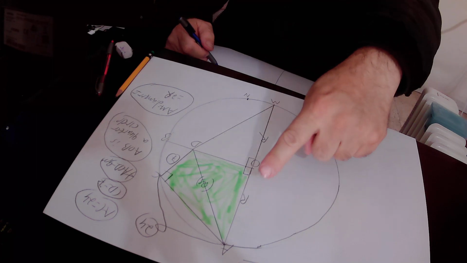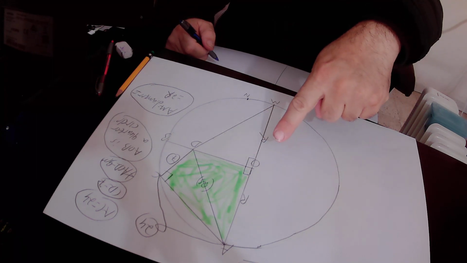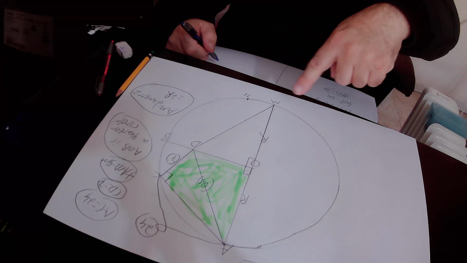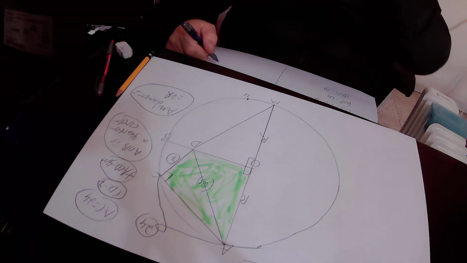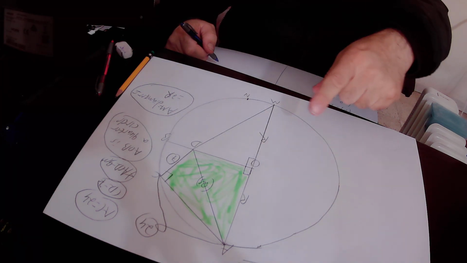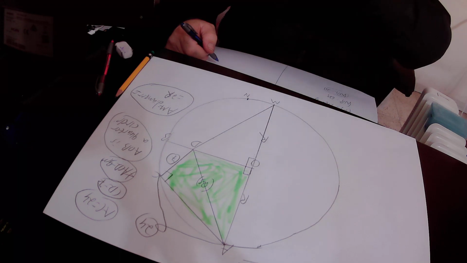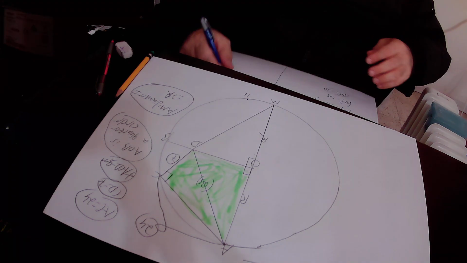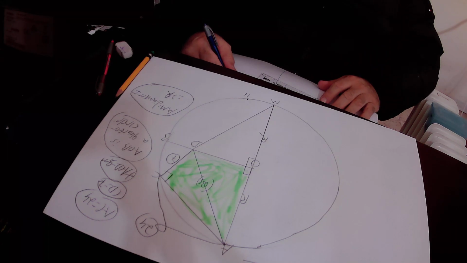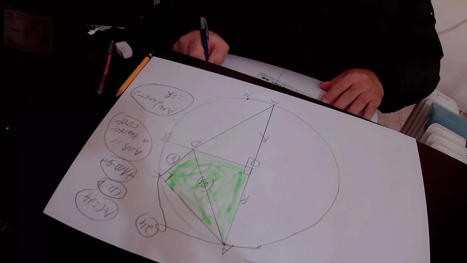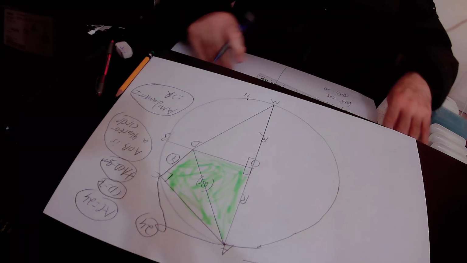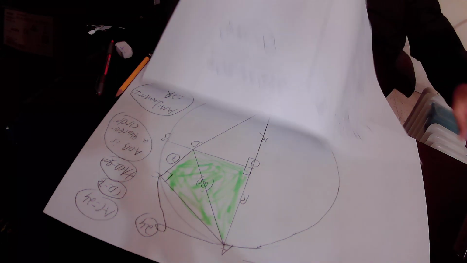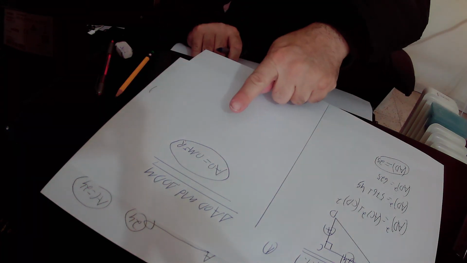First of all, side AO of the green triangle equals side OM of this triangle. Why? Because both sides are the radii of this circle and therefore they are equal to each other. So I write it down: AO equals OM.